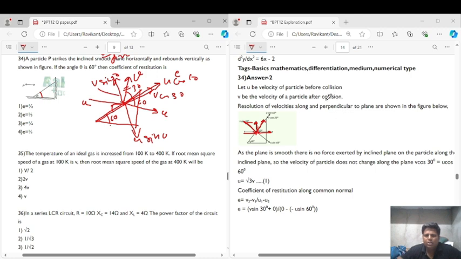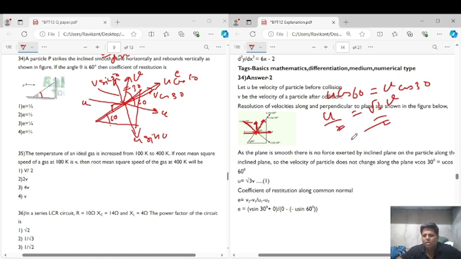So u by 2 is equal to root 3 times v by 2. The 2 goes off, and we get u is equal to root 3 times v, right?